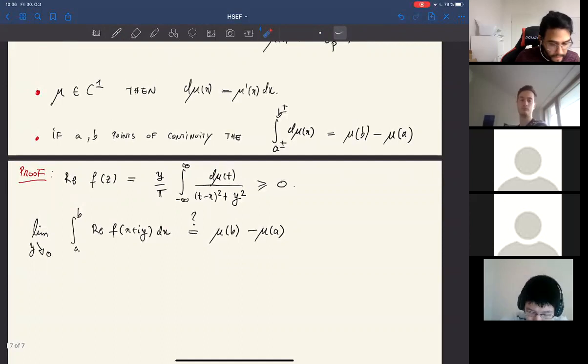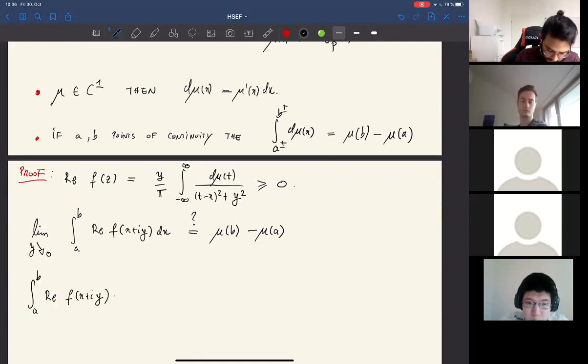So, okay, let me just do the computations. What would be the integral from a to b of the real part dx? Well, we just substitute by this formula here, and then we can swap the integrals.